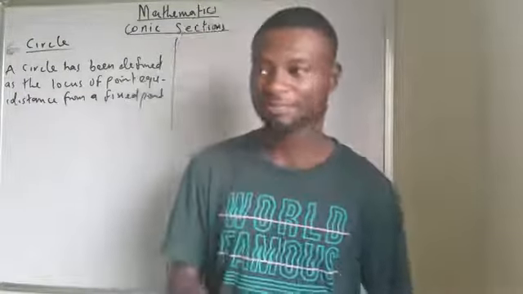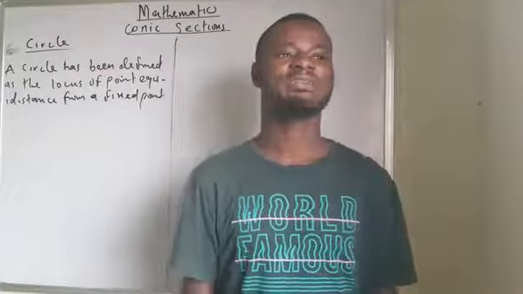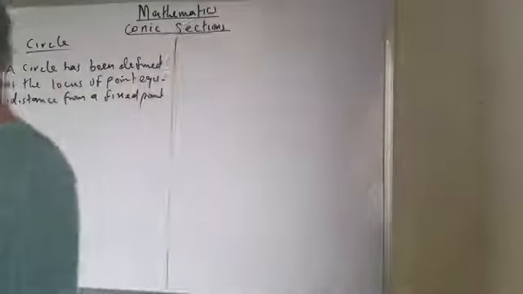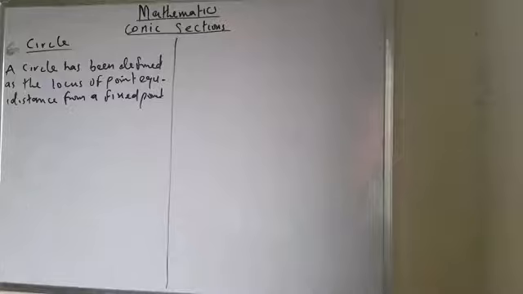From your Cartesian plane, that coordinate can form a point. We have done a lot of things on that one. Now let me try to enlarge something here. If I have my circle this way, this is my circle.